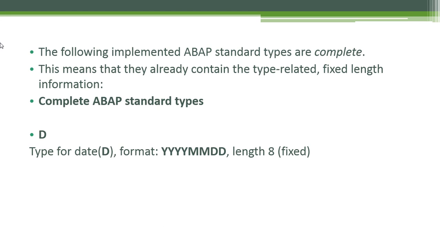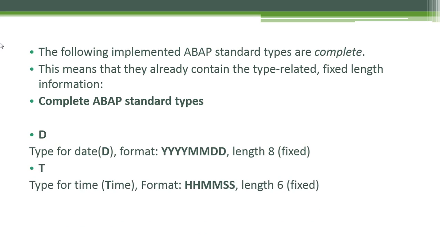Type for date, D. The format is YYYY, that means the year, MM, that means the month, and DD, that means the day, and it is length 8, fixed.